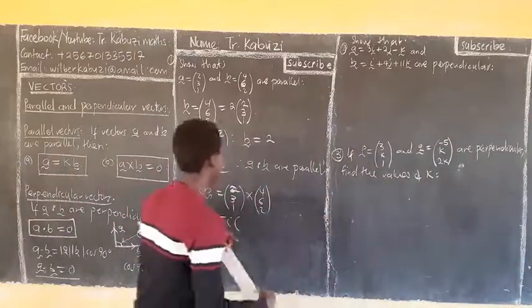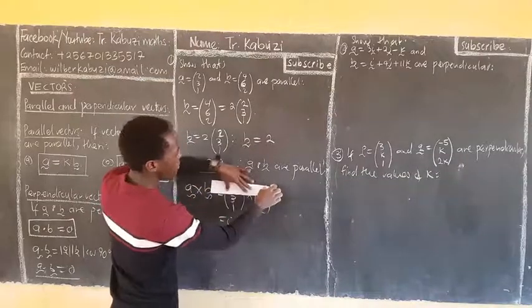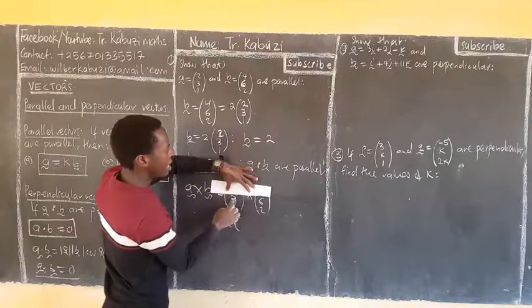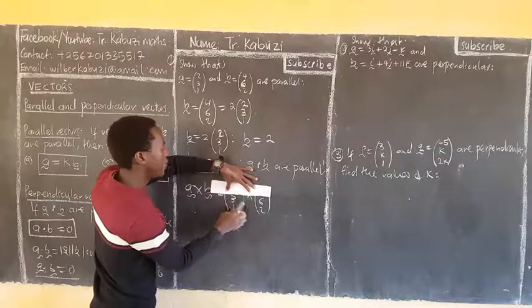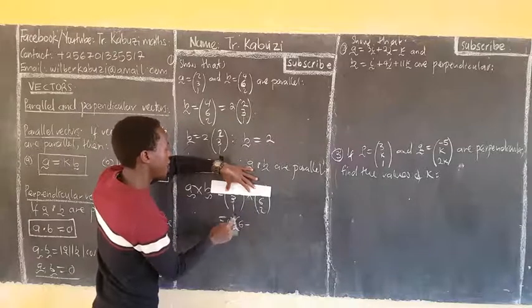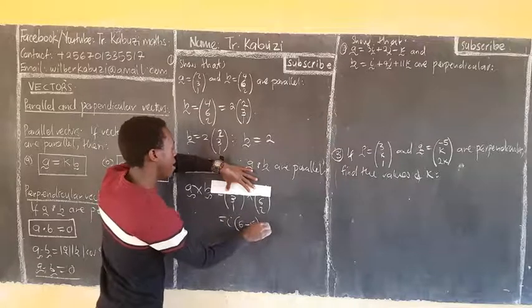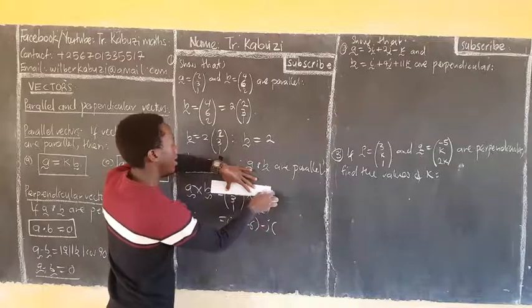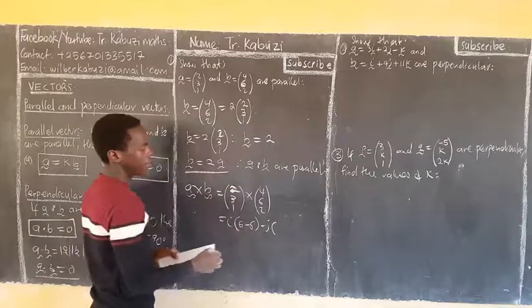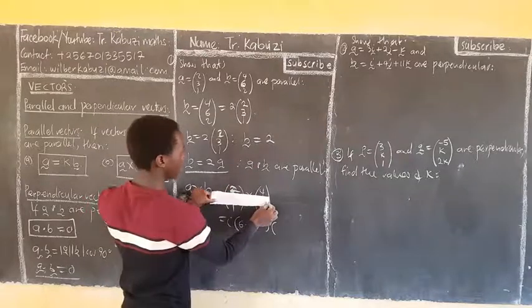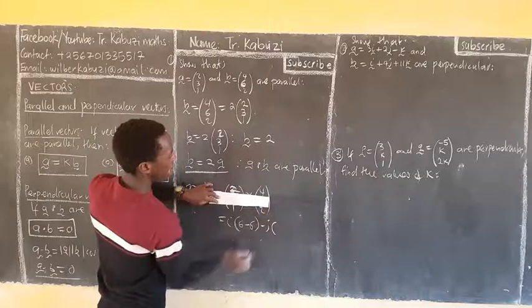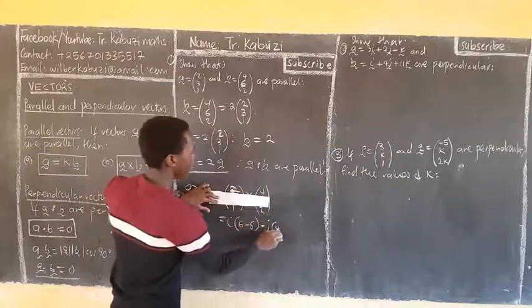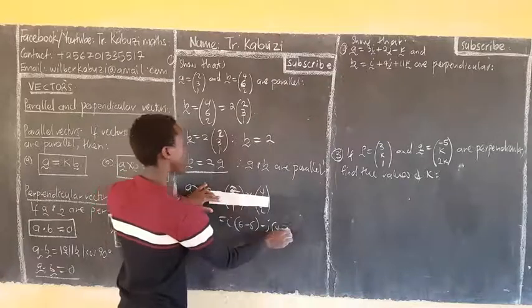So when I cover I here, you see what I'm remaining with: this times this, then I get the determinant. So 3 times 2 is 6, minus this times this, which is 6. Then minus J. When I cover this, I have 2 times 2, which is 4, then minus this times this, which is also 4.